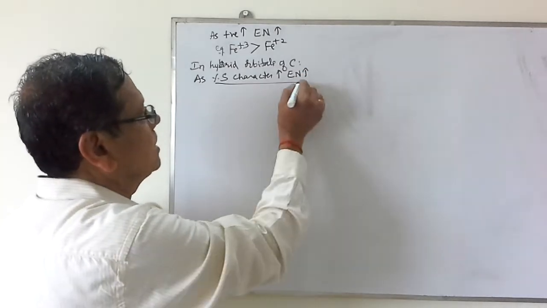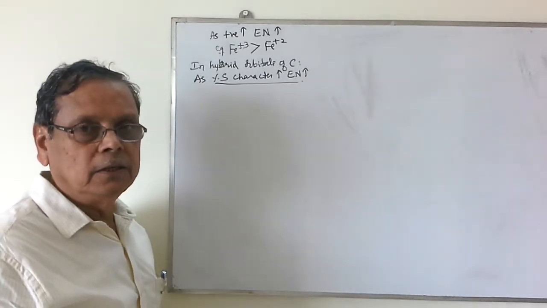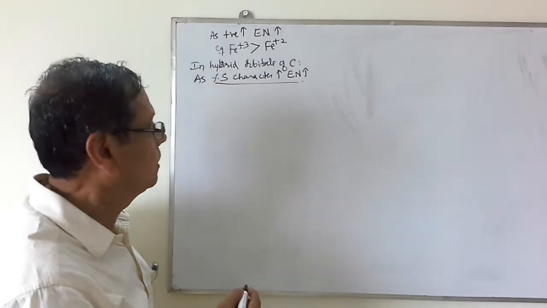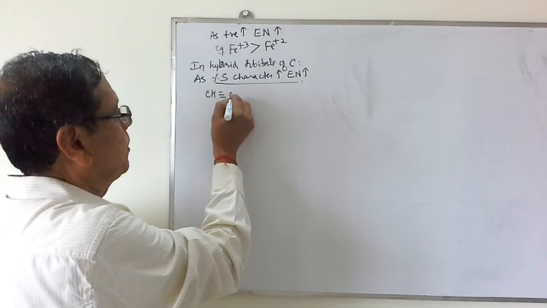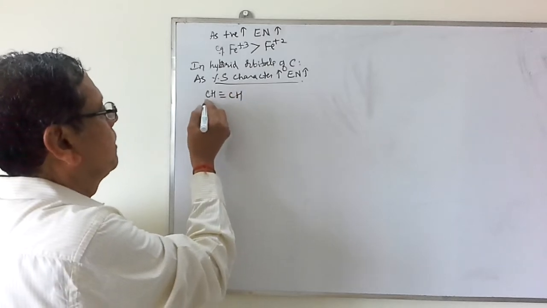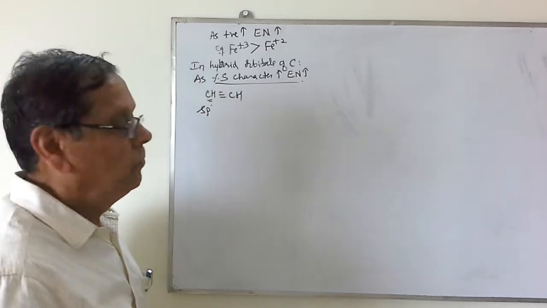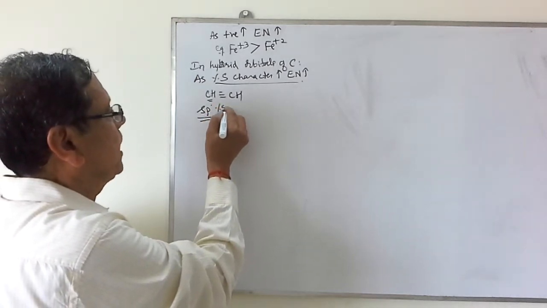Regarding this increase in electronegativity depending on the percentage of S character, we will study it mainly in detail in the chemical bonding chapter. But you remember, when we consider the carbon triple bond, this carbon atom is sp hybridized. When this sp hybridization is considered, the percentage of S character is 50.